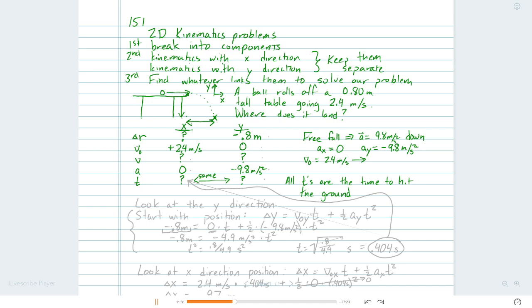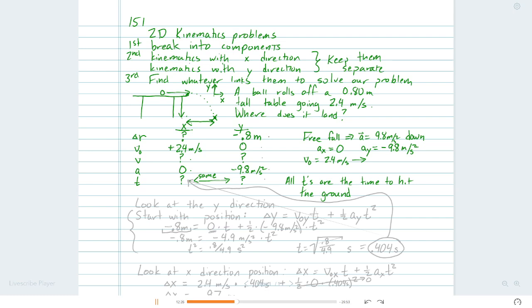But we are going to have to do 2 equations and 2 unknowns. Now, if I look at my variables for the x direction, I notice I have 3 question marks. 3 question marks means I can't solve it. I can't solve for 3 unknowns with 2 equations.